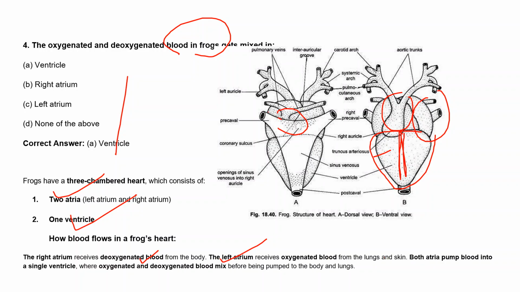Both atria, left and right, pump their blood into the single ventricle, where this blood will mix before it gets pumped to the body and lungs through the conus arteriosus. So the oxygenated and deoxygenated blood in frog get mixed in this ventricle only.